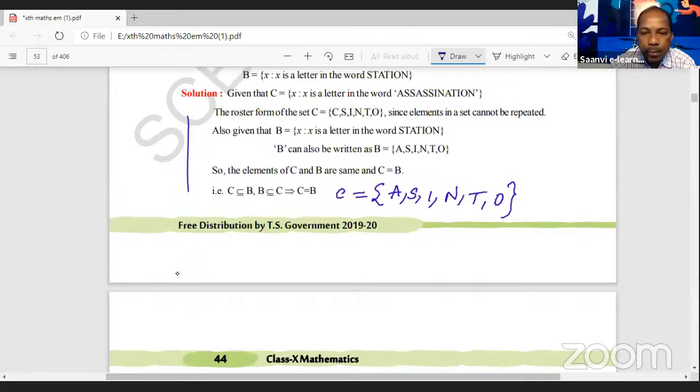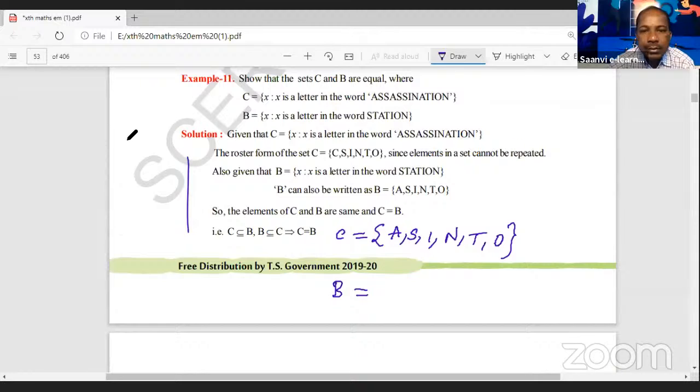in set B, what elements do we get? Set B is given as {x such that x is a letter in the word station}. First of all, S. T and I, O and N. Now observe the elements.